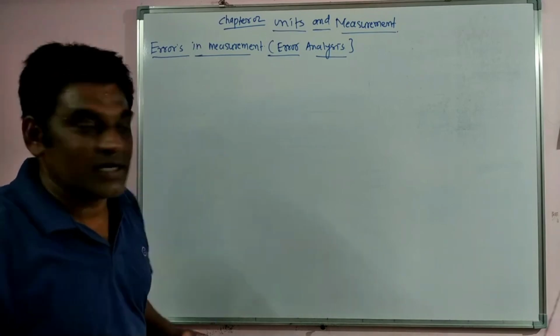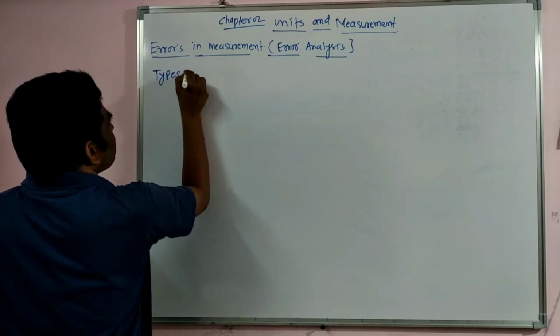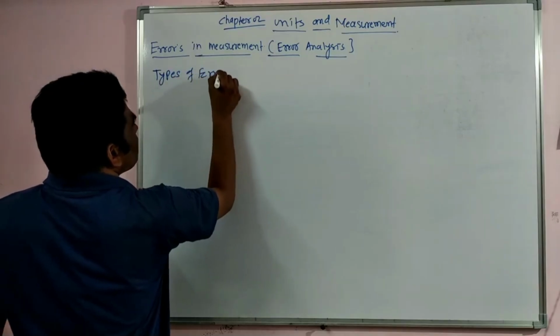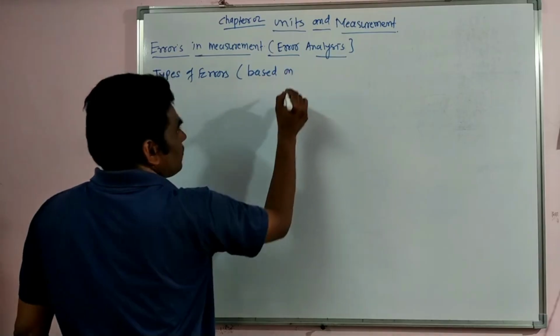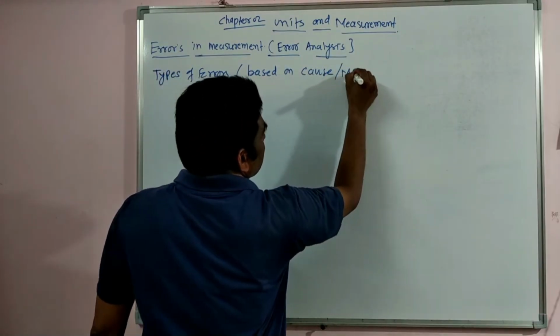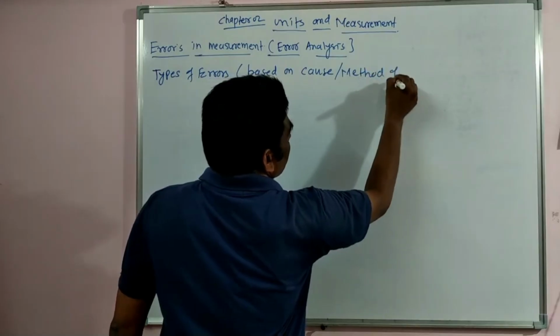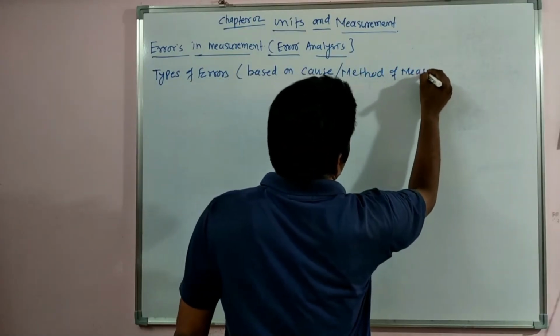Based on cause of the error, we can have another type of error. Types of errors based on cause or method of measurement.